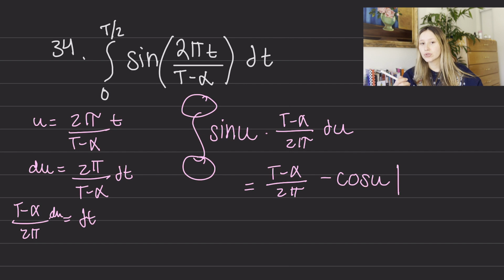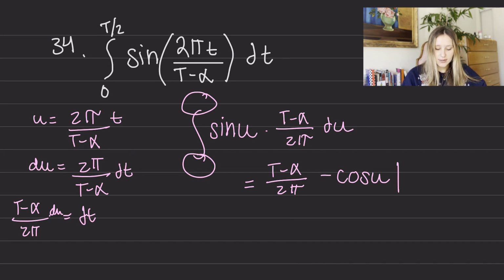Now, when we have situations like this where we don't want to plug in these gross numbers, even though 0 is not that gross, I don't like that top number. So I'm just going to plug back the original u.